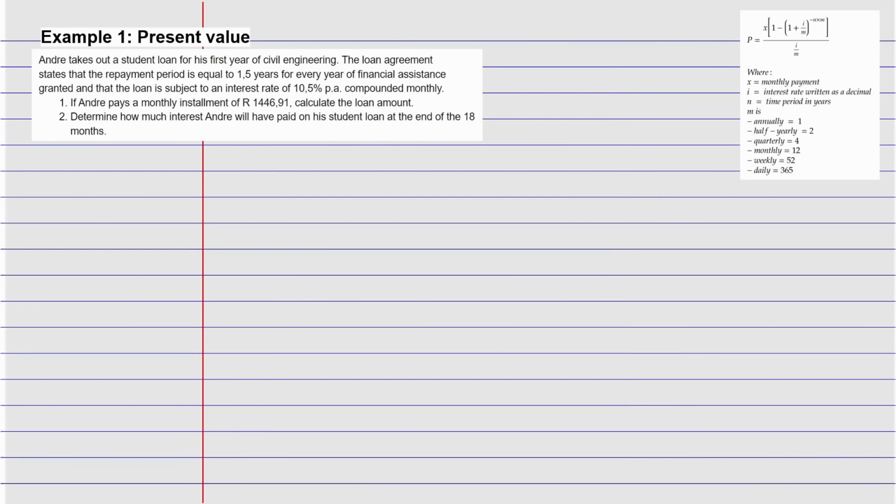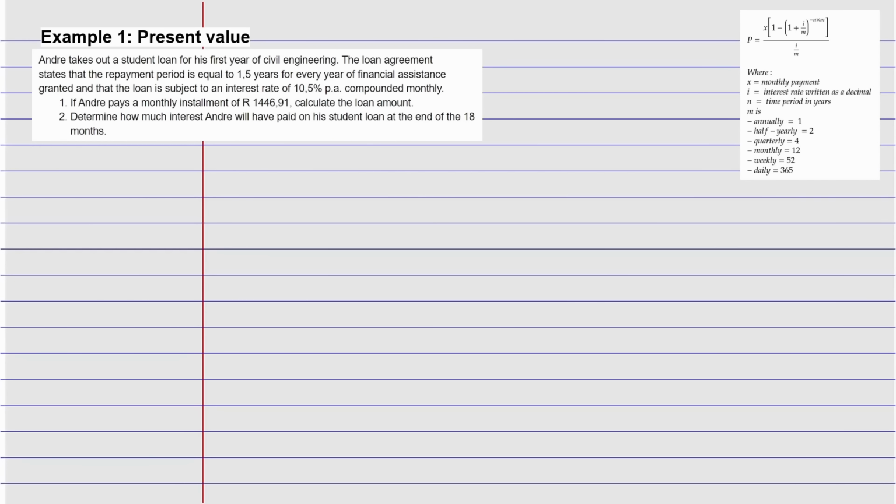But now we're going to do a question that deals with present value. It says Andrew takes out a student loan for his first year of civil engineering. The loan agreement states that the payment period is equal to 1.5 years for every year of the financial assistance granted, and the loan is subject to an interest rate of 10.5% compounded monthly.